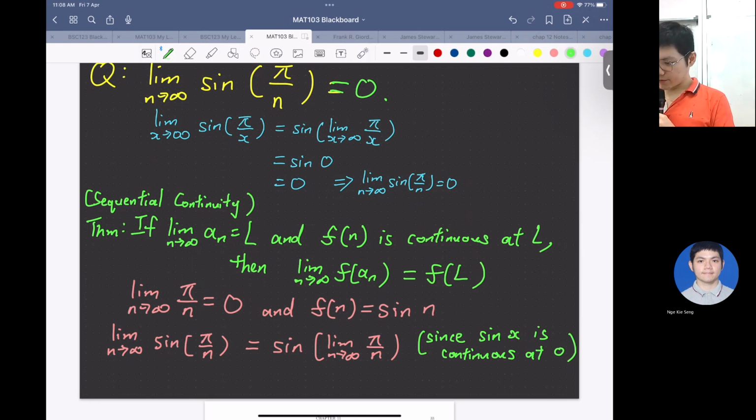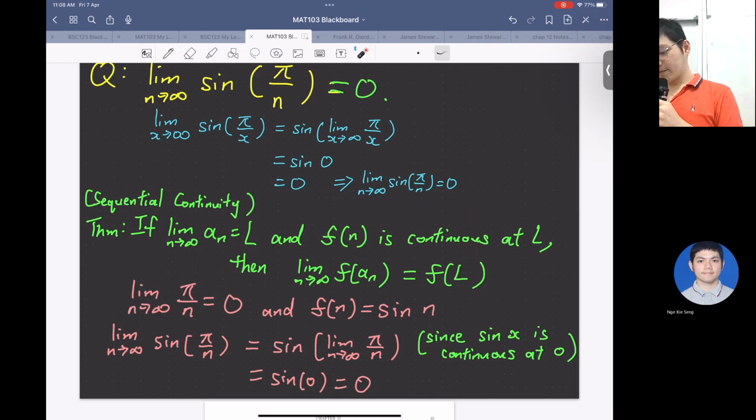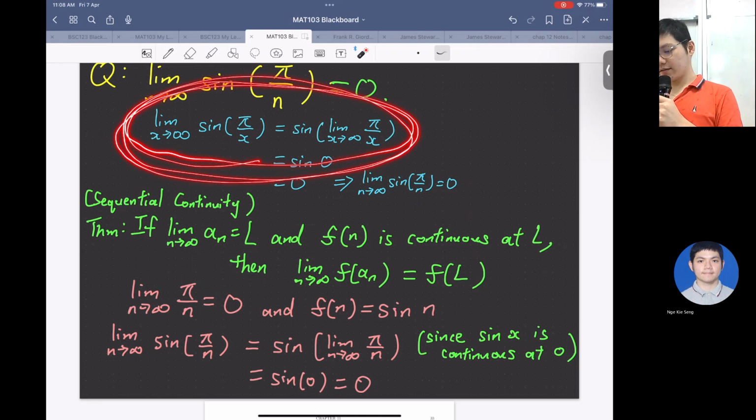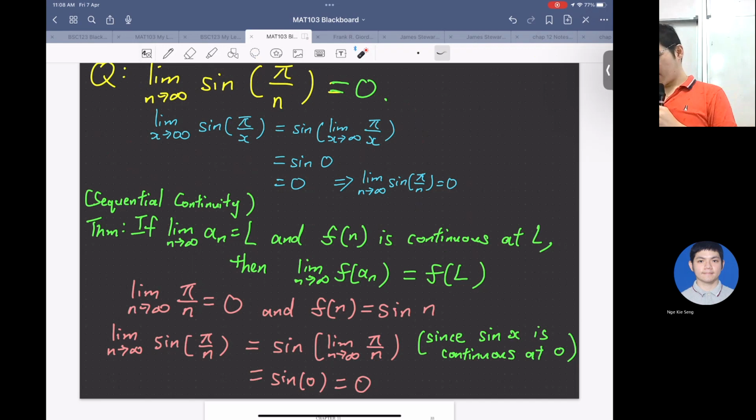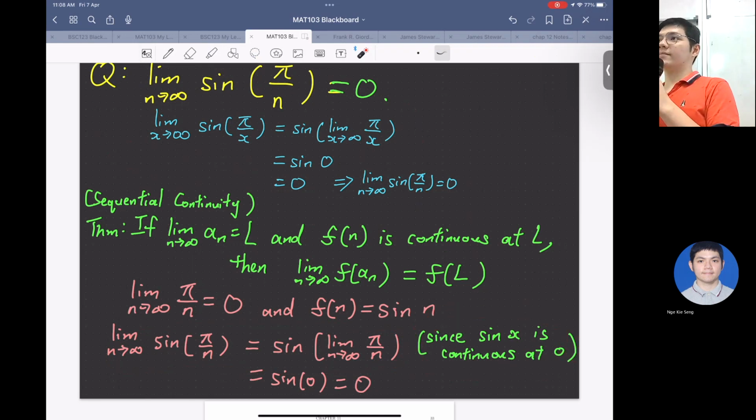So now we have some convenience to use here. You can bring the limit in because the function is continuous. So you will skip the extra step of writing this continuity of the real value function. But make sure when you write down this equality here, it is when the function is continuous. Only then can you do that.